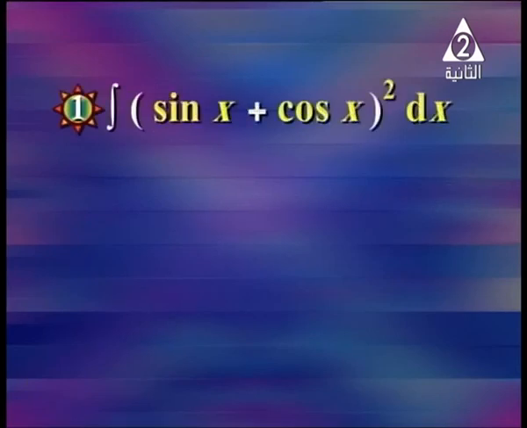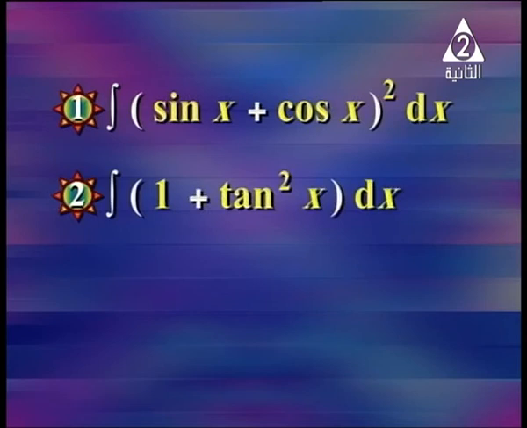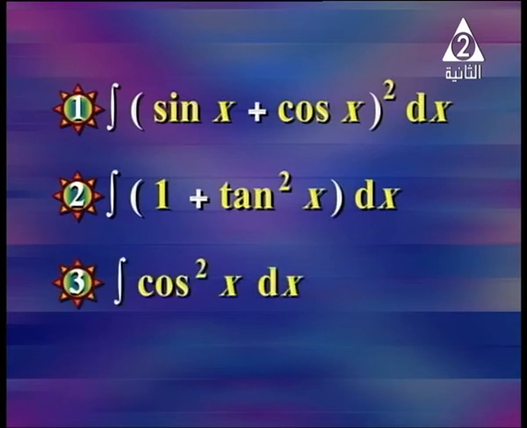Find the integration of: Number 1, bracket contains sin x plus cosine x all power 2 dx. Number 2, bracket contains 1 plus tan square x dx. Number 3, integration of cosine square x dx. Number 4, integration of sin square x dx.